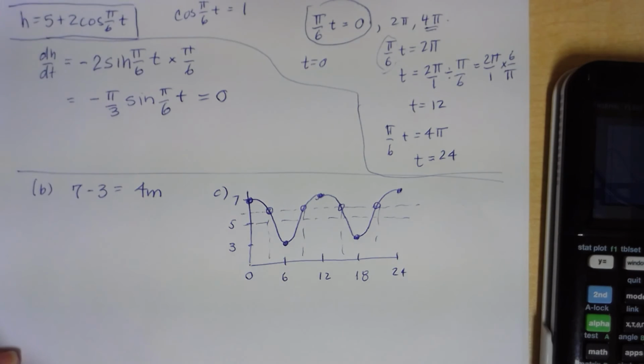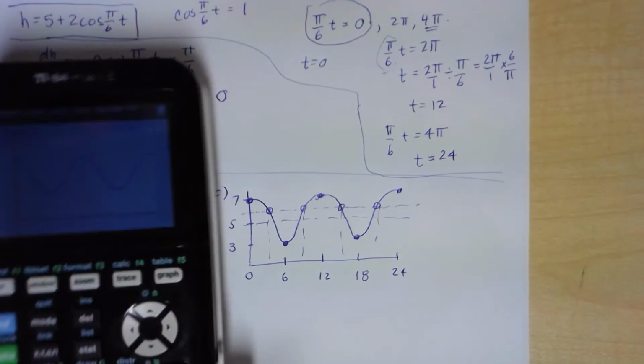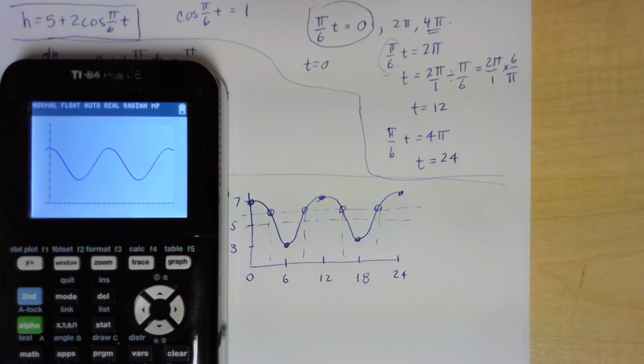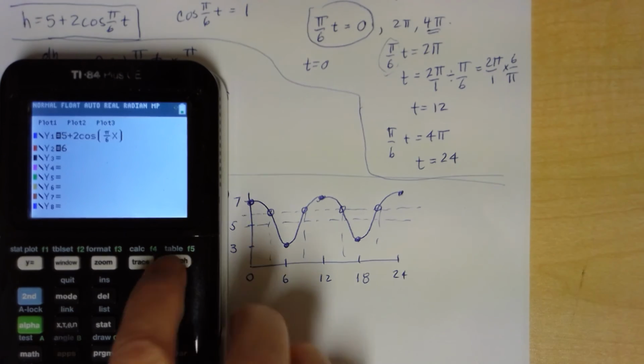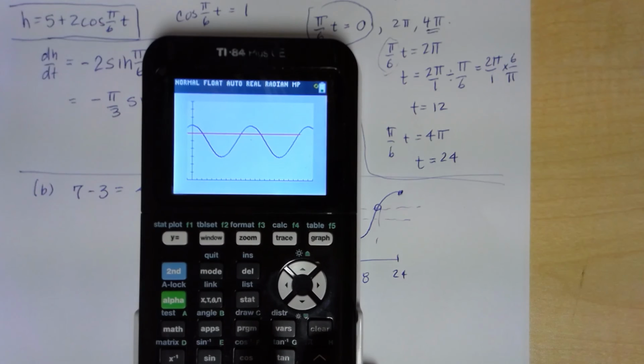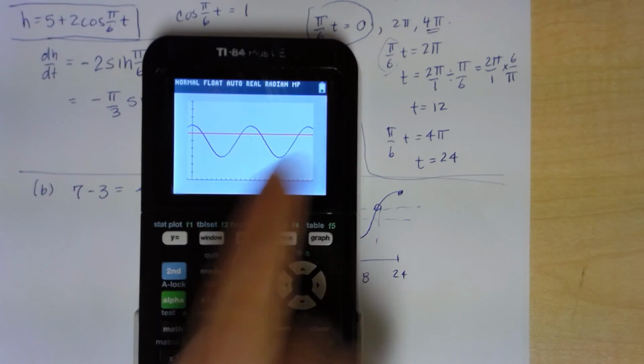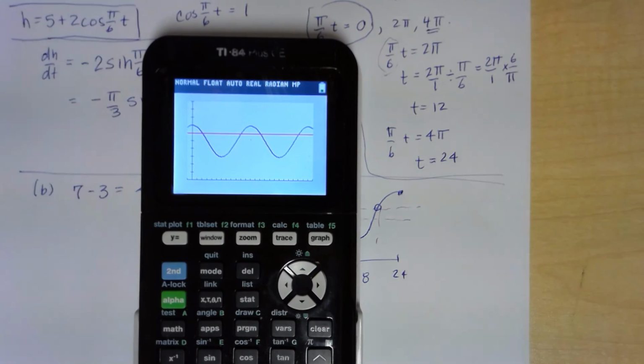Now yesterday we did that by hand, and it took a really long time, and if we're using our calculators, another way we can do that is to go to y equals and put y equals 6 in and graph.